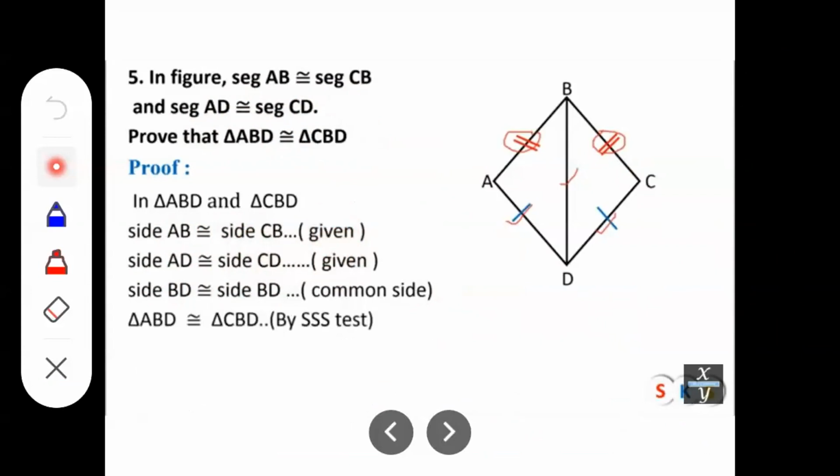And the last, side BD is congruent to side BD as common side. So those two triangles are congruent to each other by SSS test.